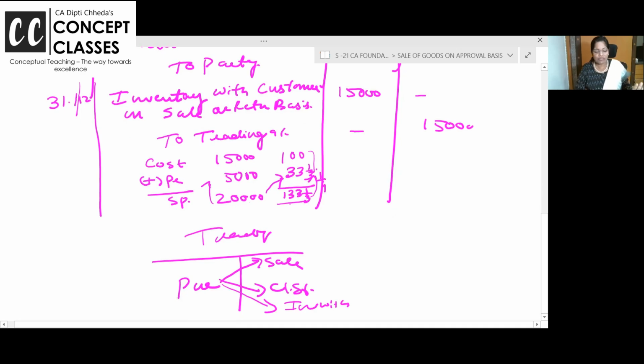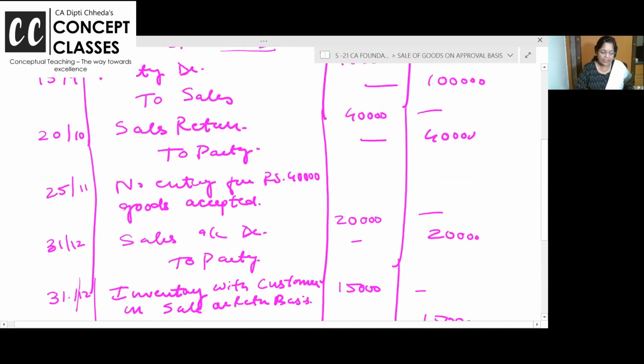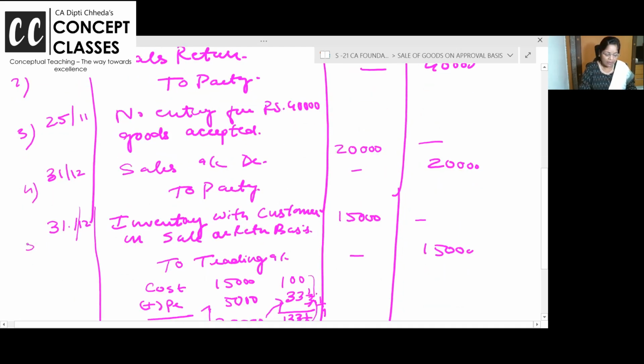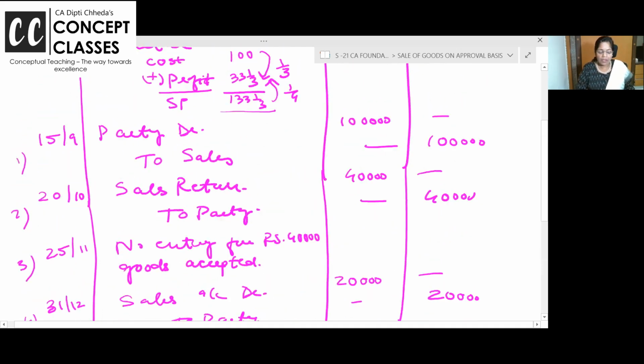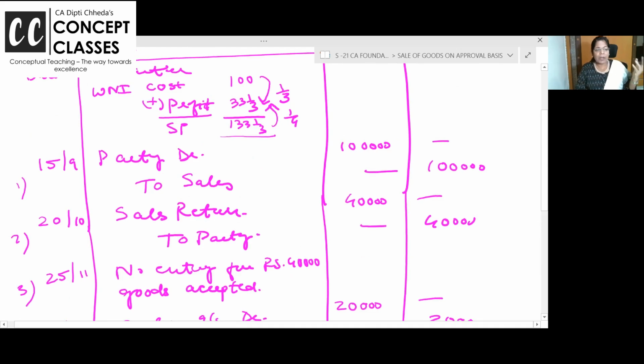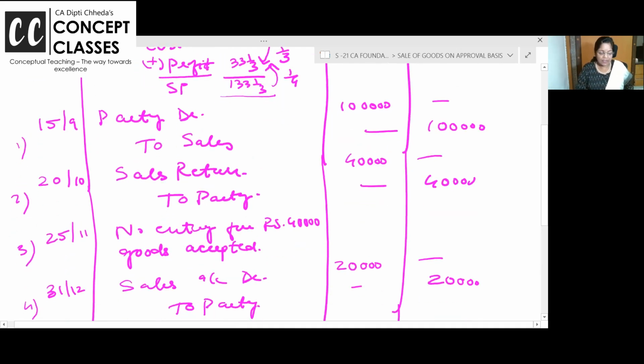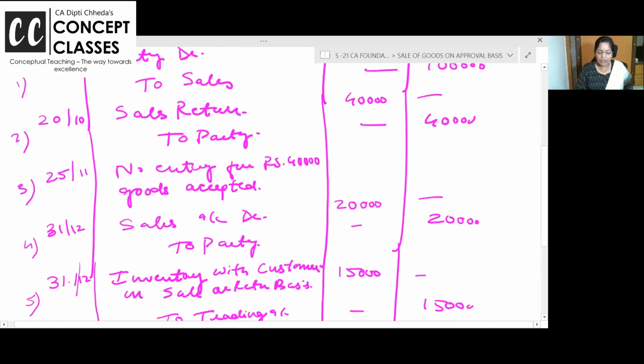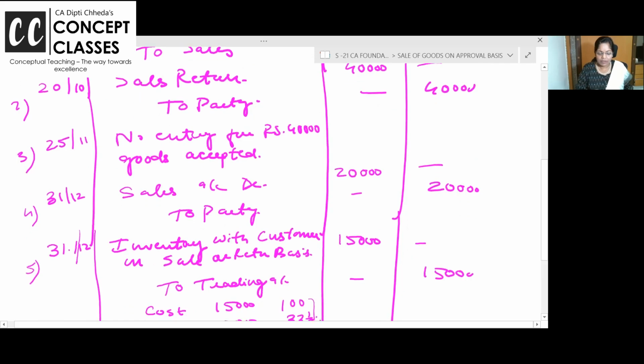So this is all 5 marks, 5 entry. Look at the screen. 1, 2, third is no effect. Fourth, and in fact 4 journal entries, and these calculations are so simple. Once again, whatever goods are sold, party to sales. Sales return to party. Reverse the sales. No entry for the third one, accepted goods.